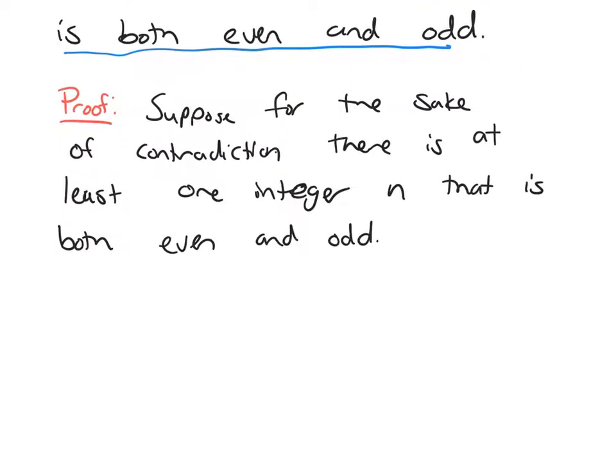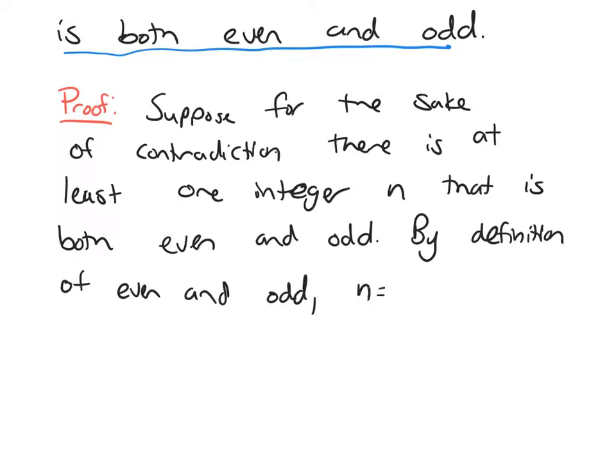So now we want to use the definition of what it means to be even and odd. So by definition of even and odd, if n is even, it has to be 2 times a number, 2 times a, and if it's odd, it has to be 2 times some other number, 2 times b plus 1, for some integers a and b.